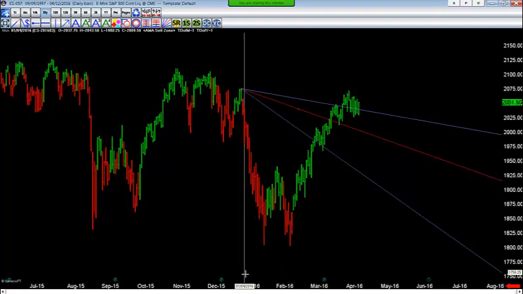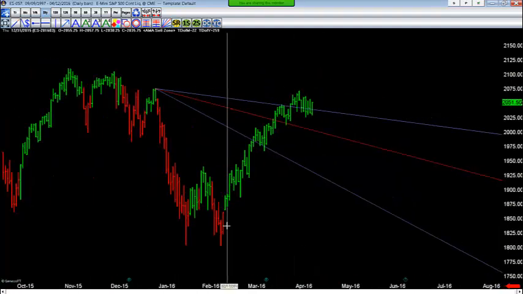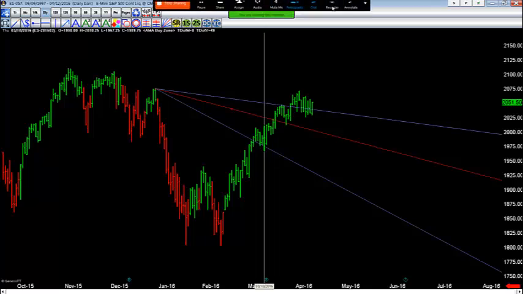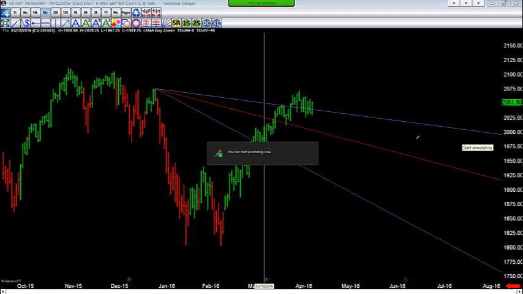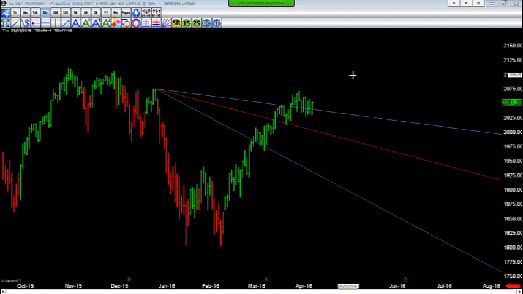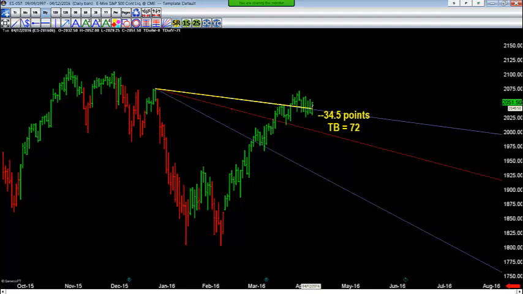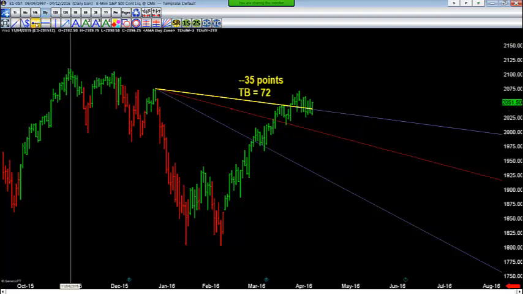So, you've got to find what price this angle is running through here for this day. Okay? Now, I'm going to take the SR tool and run it right down. I want you to take 72.